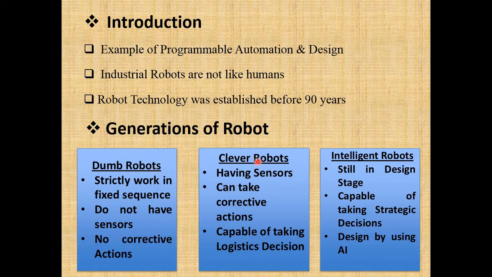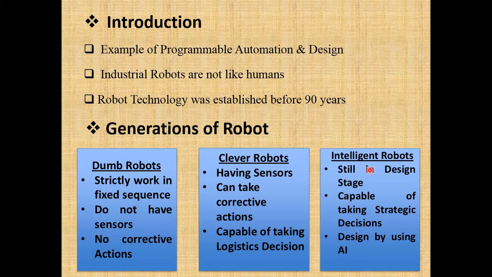In the same way, clever robots means smart robots. They have some sensors, they can take corrective actions, and they are capable of taking logical decisions. So these are the clever robots, second generation. And the third generation is intelligent robots.